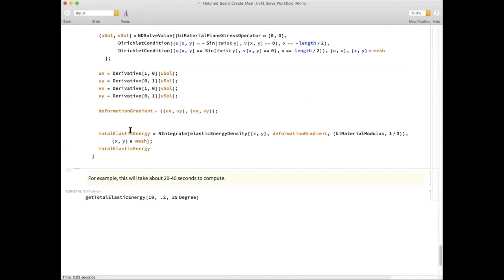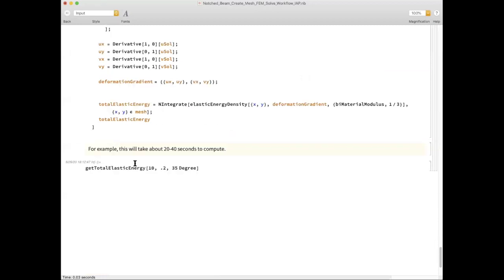So this takes about 20 to 40 seconds to compute. And while this is computing, I'm going to pull up another screen and show you how I would use these results. So that's one elastic energy. So I'm going to show you an example of what I would do with those results and make something that I might want to teach with.